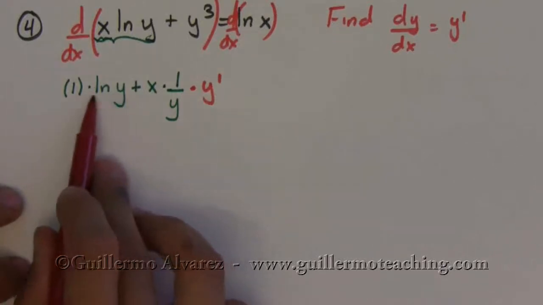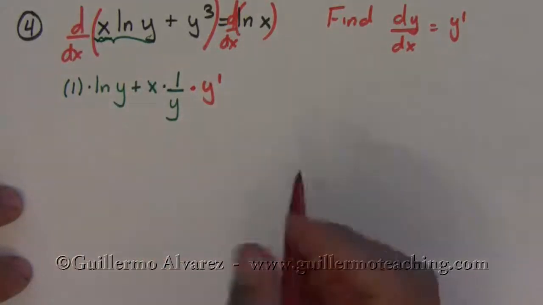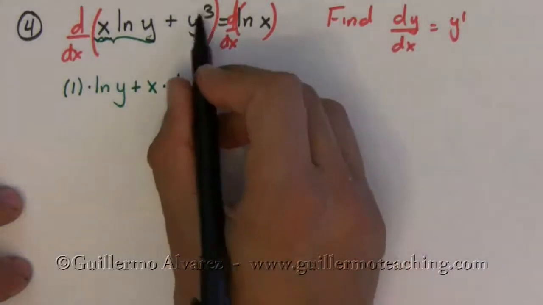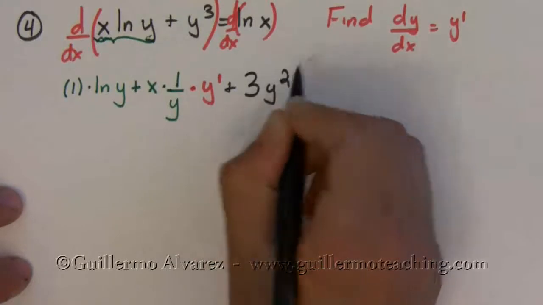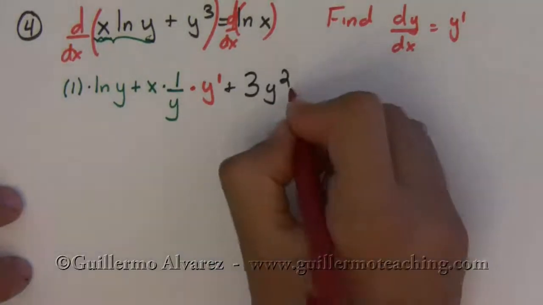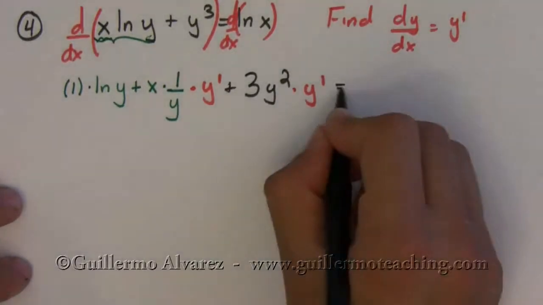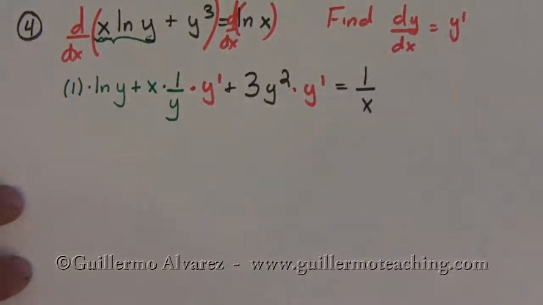That was the part of the product rule where you just leave it alone. It's only here when we got the derivative of y. Okay, and then we have plus the derivative of y cubed. Again, the chain rule. This is 3y squared times y prime is equal to the derivative of natural log of x. That's just 1 over x.